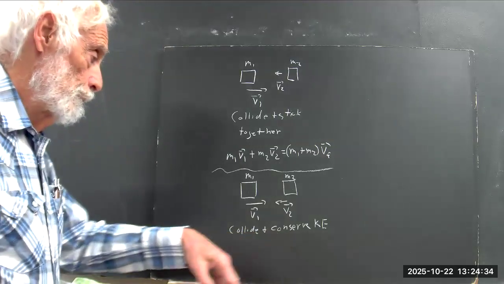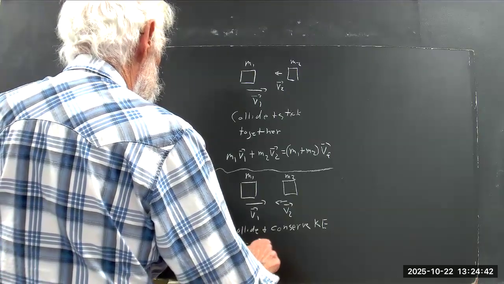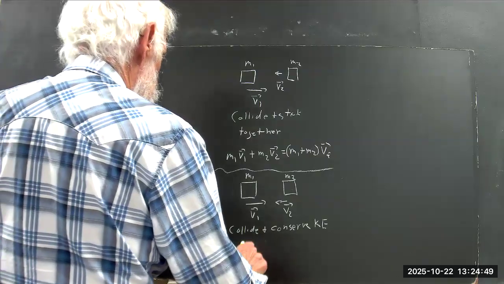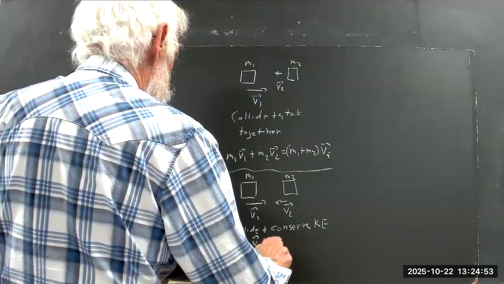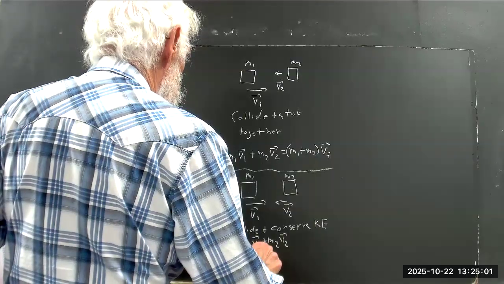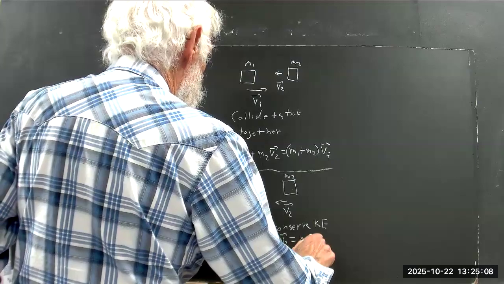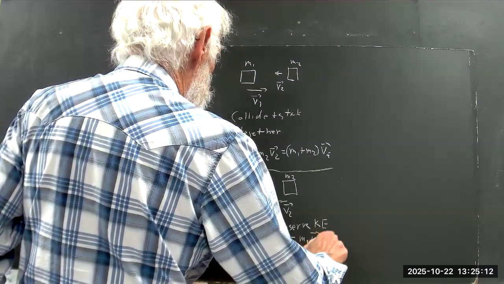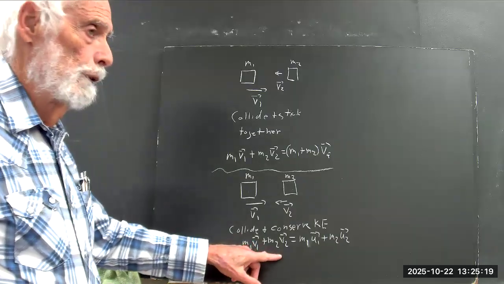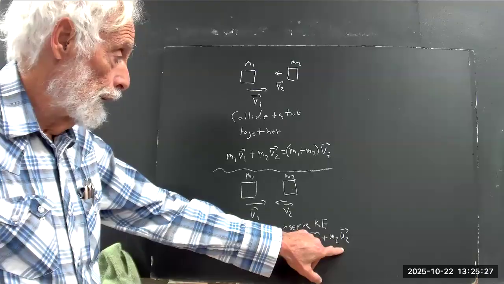Now, that happens if M1 V1 plus M2 V2, the total momentum of these objects before collision, equals the total momentum after.